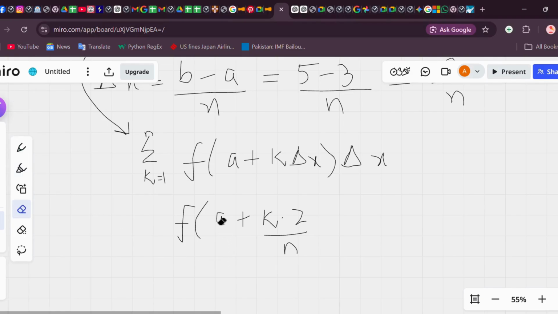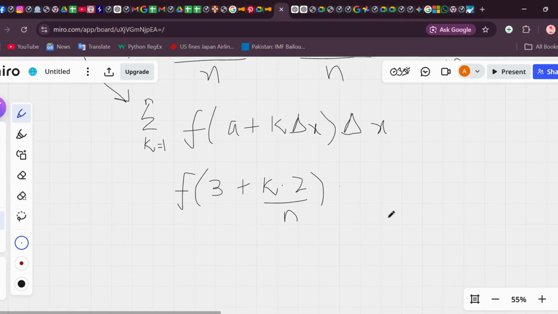And in place of a, we know the value because a is the lower limit, so a is 3. And delta x was 2 over n, so delta x will be replaced by 2 over n.